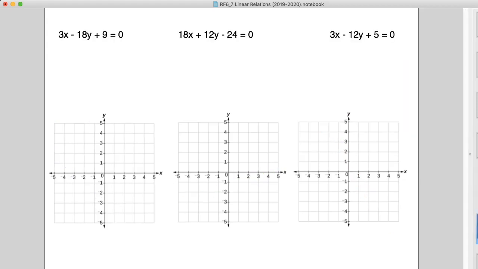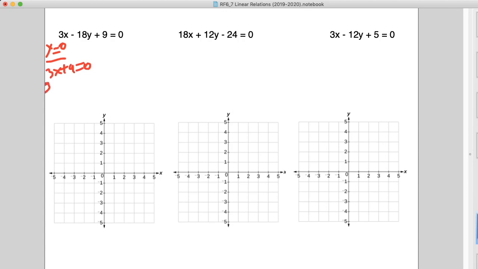All right, last 3 questions of today. We're going to do the same thing. So when y is equal to 0, we'll have 3x minus 18 times 0, so this whole middle term will disappear. So we'll be left with 3x plus 9 is equal to 0.